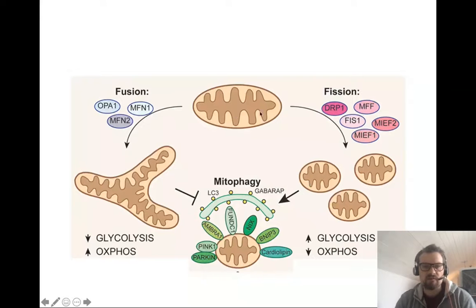So this whole process of fission and fusion is important for driving efficient OXPHOS with these elongated networks of mitochondria, and also for maintaining mitochondrial fitness through degrading damaged components of the mitochondria through mitophagy.